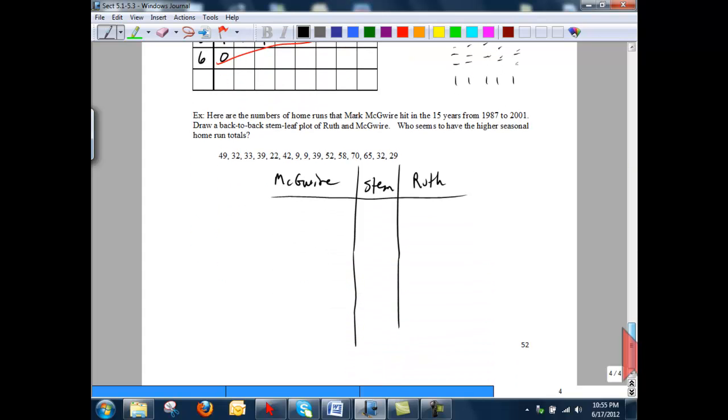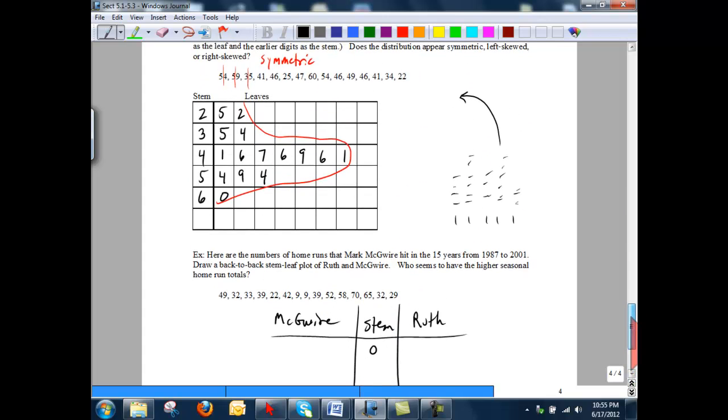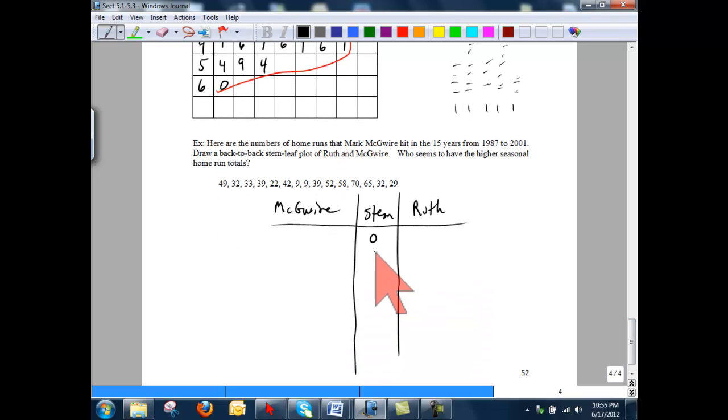For McGwire, I see stems as low as 0. Notice 9 is 09 as a 2-digit number, and stems as high as 7. So a stem of 0, and then stem of 1, well, you say there aren't any numbers in either data set that start with the digit 1. That's true, but remember, don't skip stems. So we're going to go 0, 1, 2, 3, 4, 5, 6, and 7.